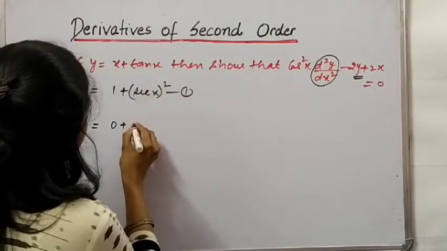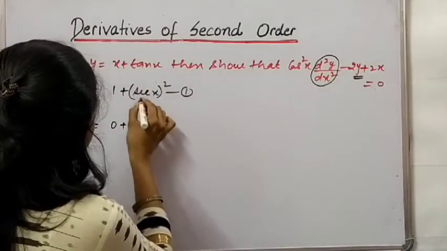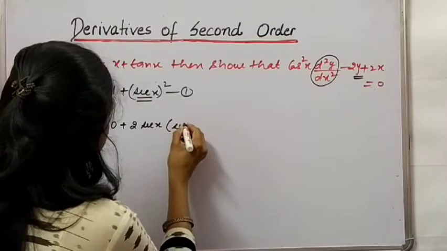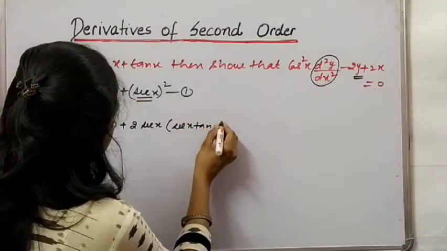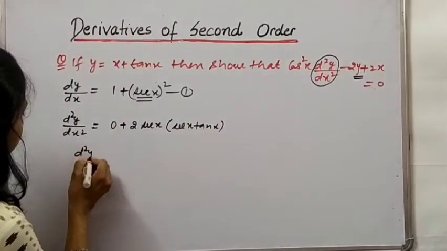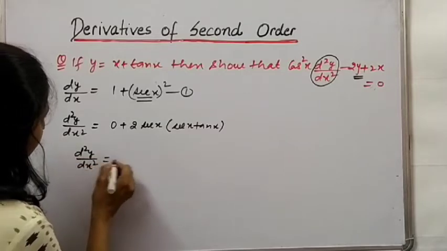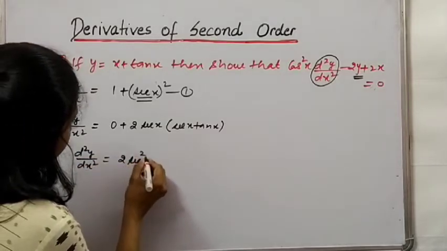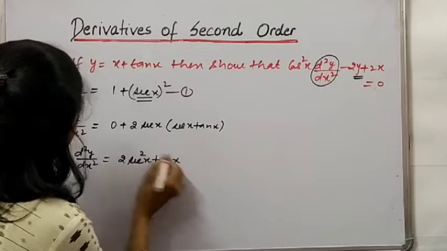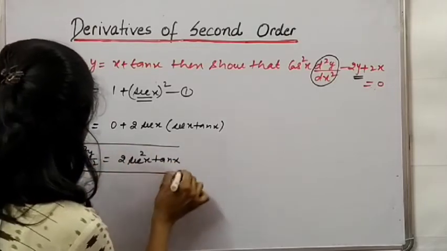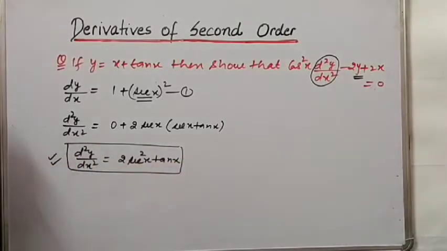So its derivative will be 2 secant x, and further the derivative of secant x is secant x into tangent x. So finally our second order derivative will be equal to 2 secant square x into tangent x, right?